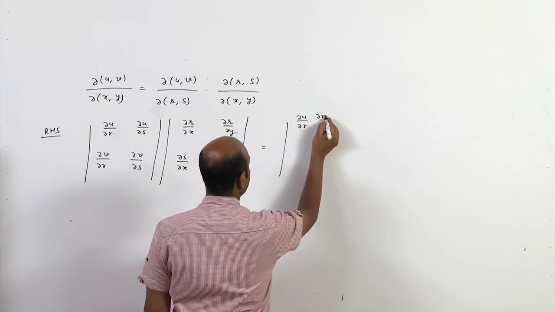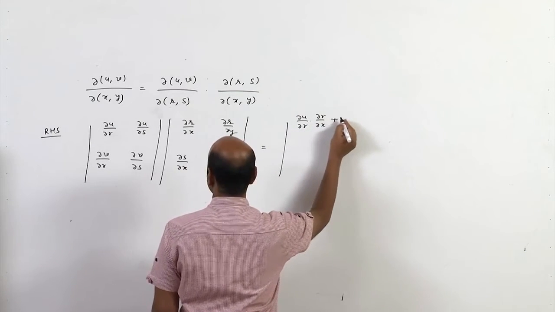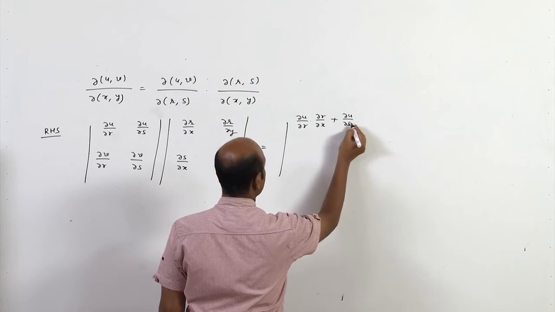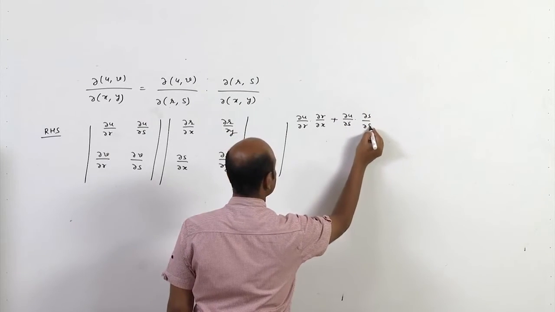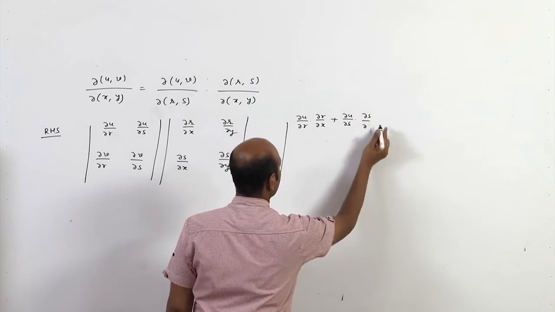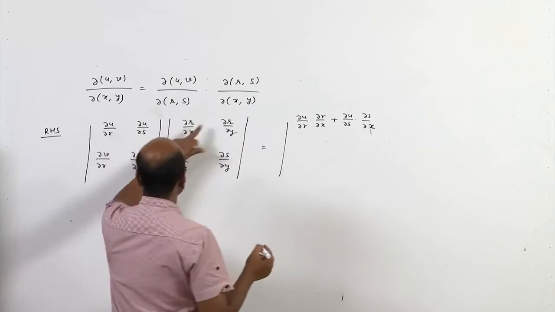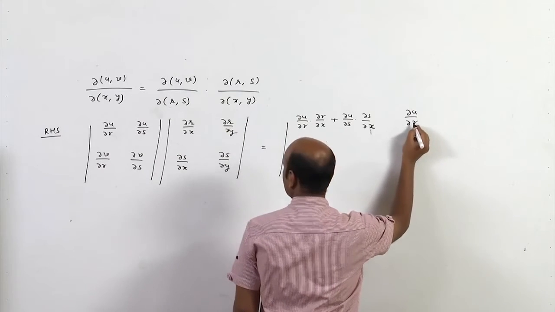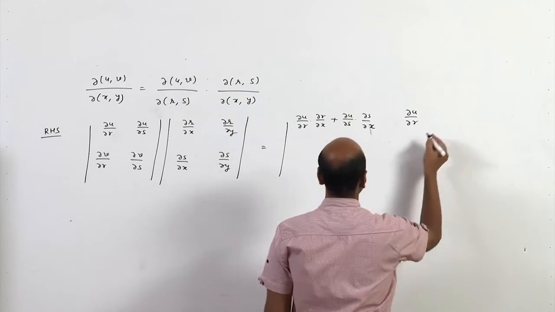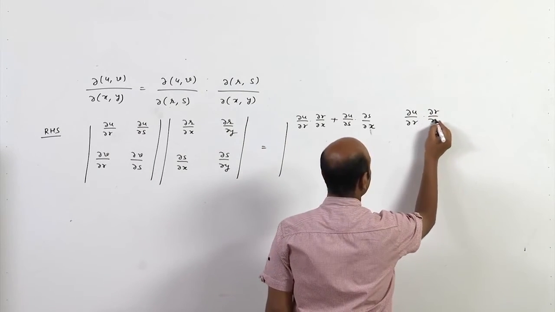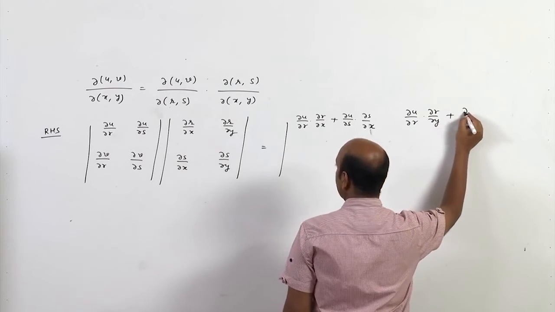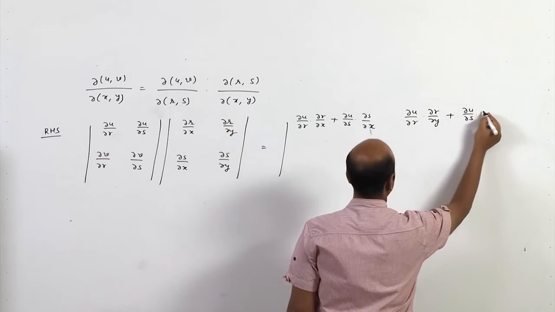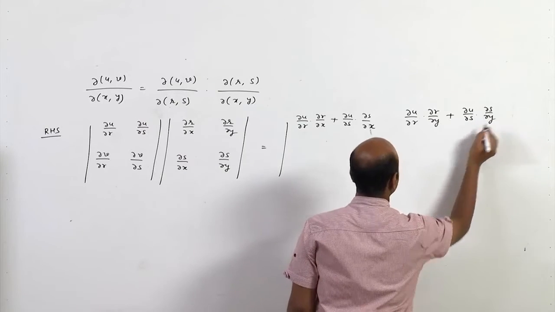into del r by del x plus del u by del s into del s by del x. Then this row, this column, which is del u by del r into del r by del y plus del u by del s into del s by del y.